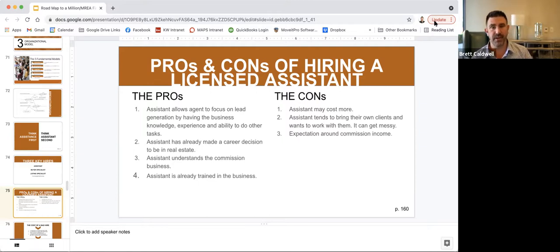Obviously, there's some downsides to it too. An assistant that's licensed or not licensed might cost you more, meaning somebody coming from a corporate environment that's used to a W-2 level of income might cost more than somebody that already understands that real estate is a commission-based industry and that they're going to find their way to win through commission, not salary expense.